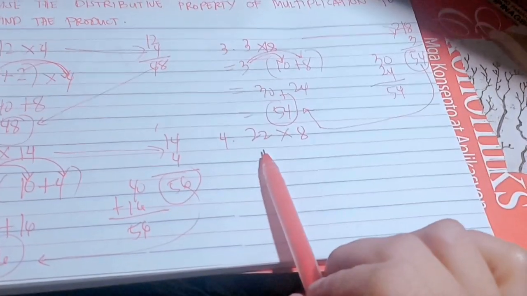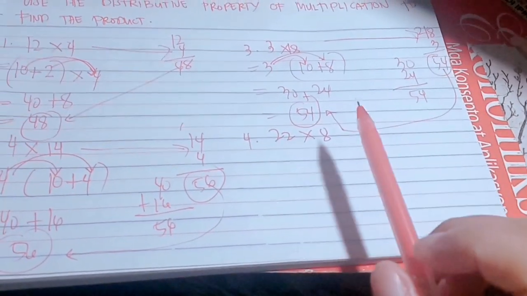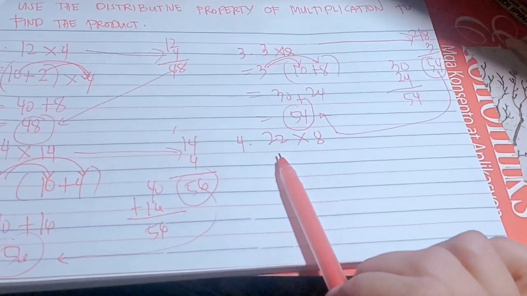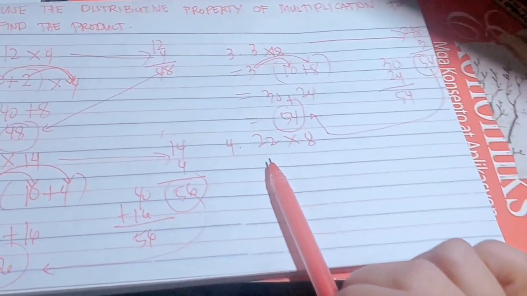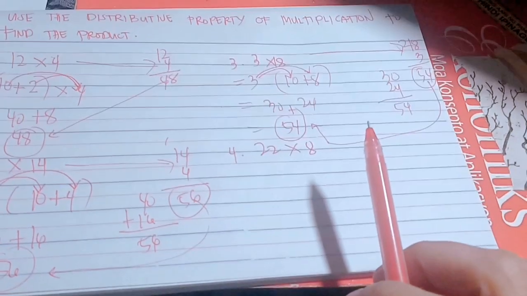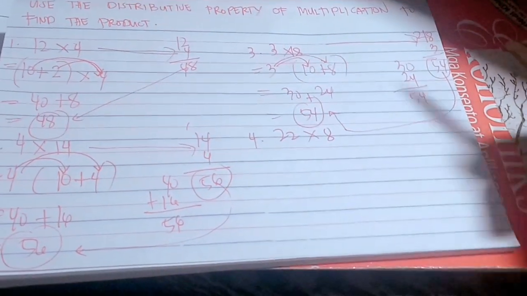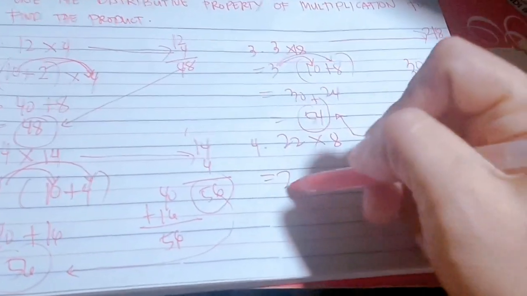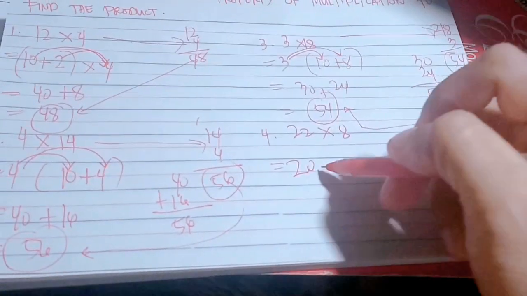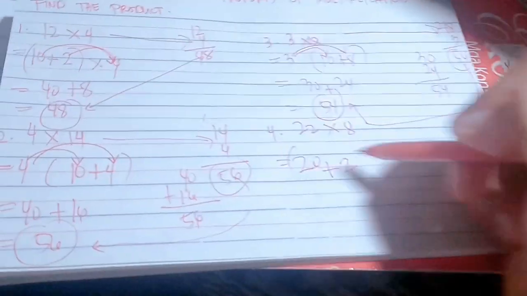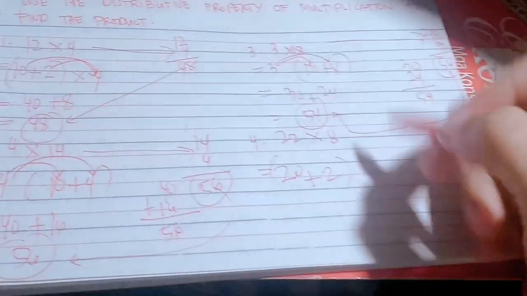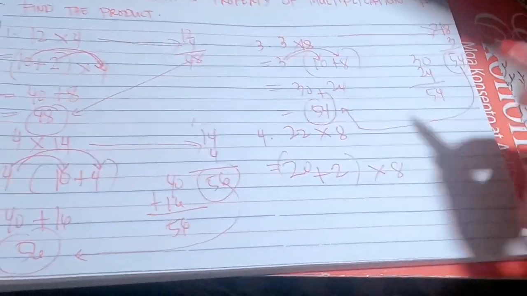So, dahil nauna ang bigger number, ito ang i-break natin into smaller digits. So, anong mga numero ang pwede nating i-add na magre-result ng 22? So, yung pinakasimple, 20 and 2. 20 plus 2 is 22. Close open parenthesis. Then, 8.